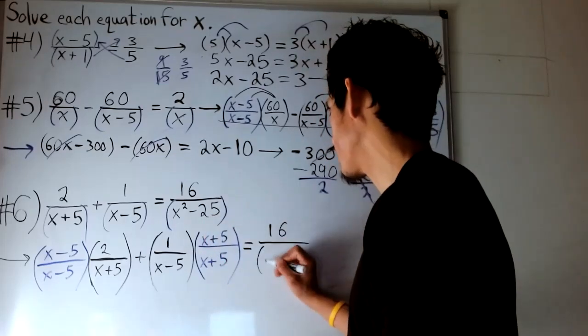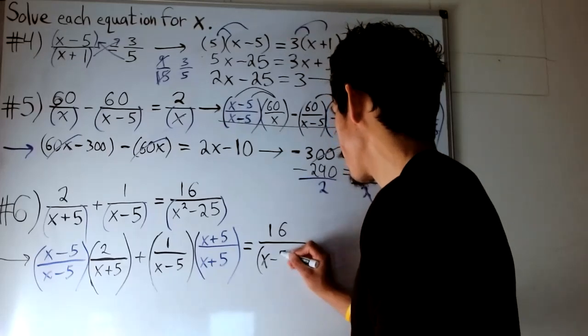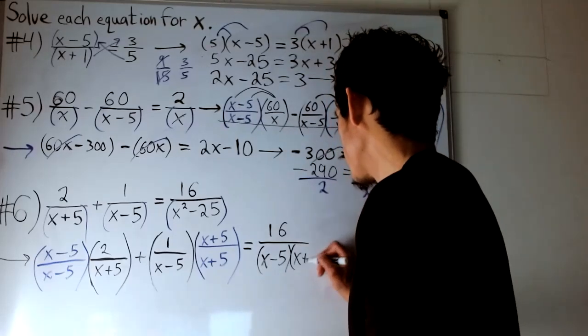And this factors out to the x minus 5 times x plus 5.